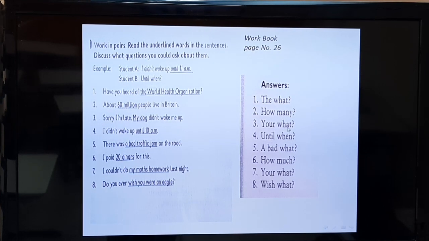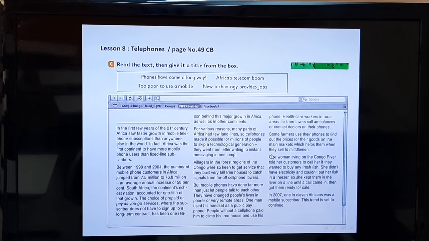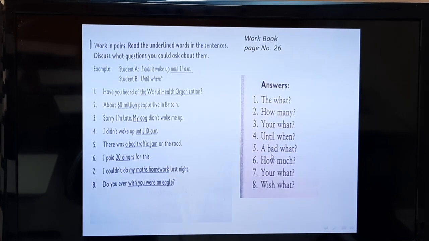Number 4, I didn't wake up until 10 a.m. Until when, sorry. Until when you didn't wake up. Like this, all these exercises, be careful with their answers.